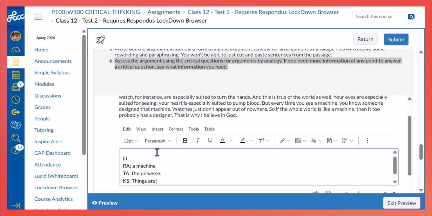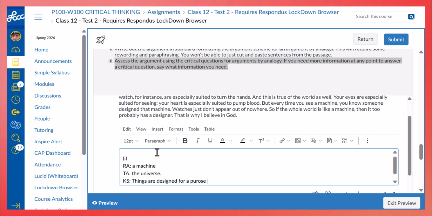Designed for a purpose. The gears of a watch work together to make the arms move regularly. The heart pumps blood, right? Everything seems to be focused, well crafted to have a purpose.